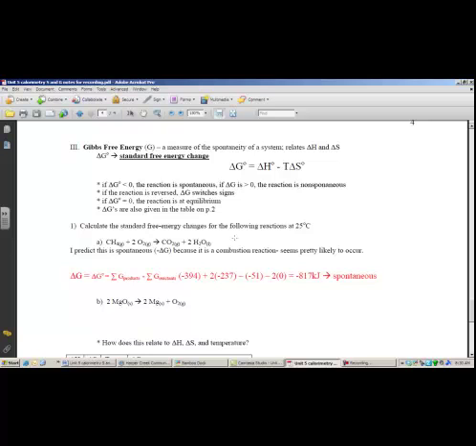I don't know, combustion of gas sounds pretty spontaneous. I then look up the values and I notice that, yes, negative 817 kilojoules. That is pretty spontaneous. So again, the delta G can be calculated the way you calculate the change in H and the change in entropy.